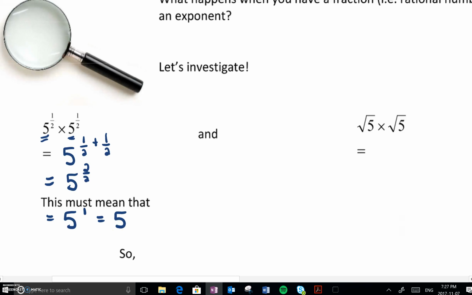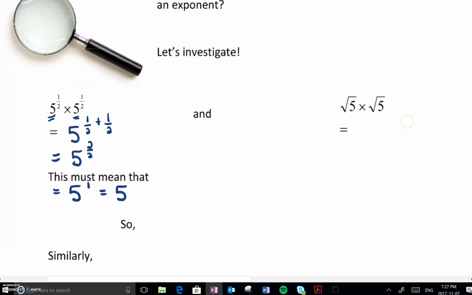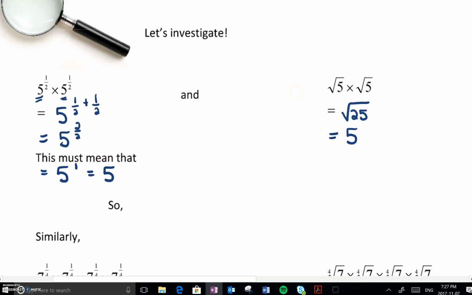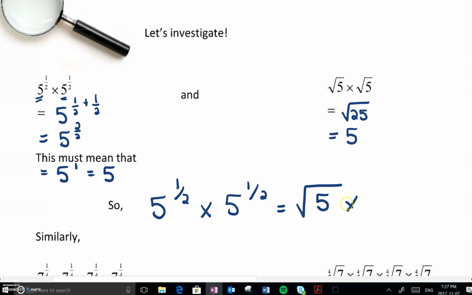Now, we also know that the square root of 5 times the square root of 5 is equal to the square root of 25. This is based on your radical unit that you did, the first unit I believe. And the square root of 25 is equal to 5. So, similarly, if you look at these two things, it means that 5 to the power of 1 over 2 times 5 to the power of 1 over 2 is equal to the square root of 5 times the square root of 5.